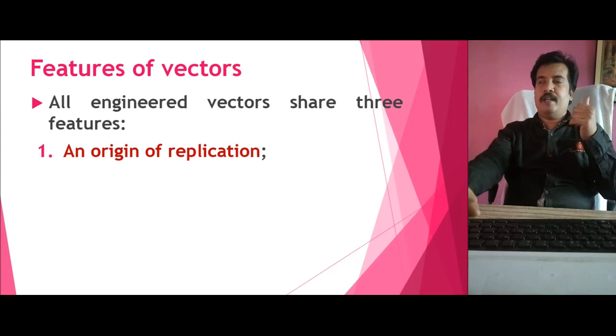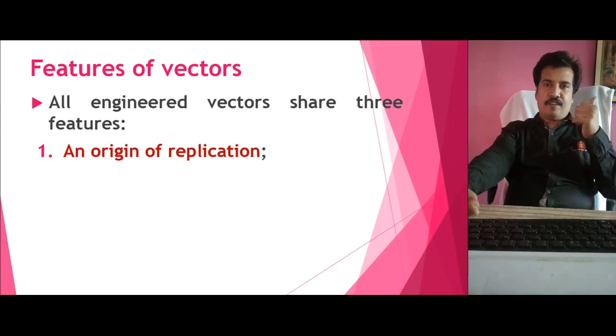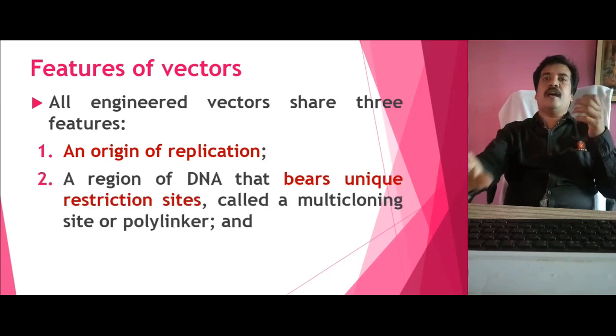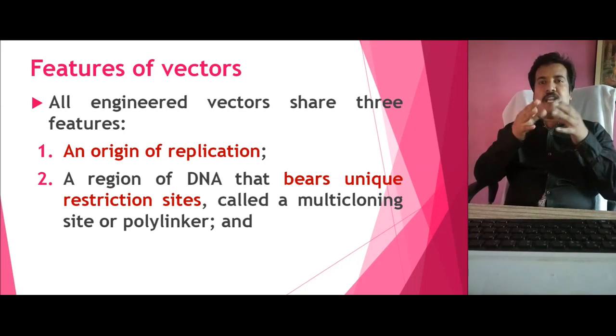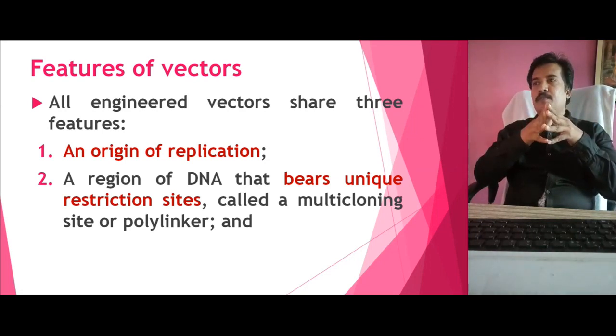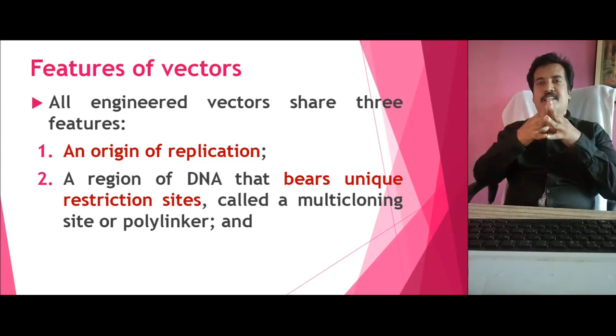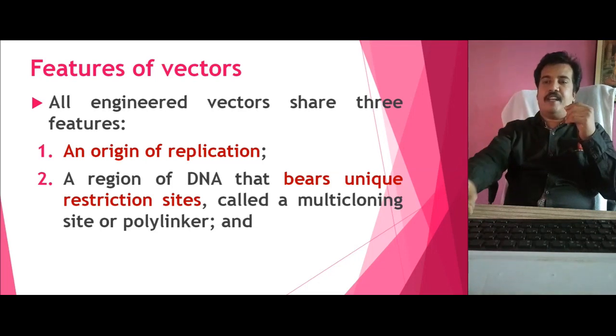One, it should carry an origin of replication, so that the vector can replicate on its own into multiple copies. Second, it should contain restriction sites, otherwise called multiple cloning sites or polylinkers, which allow the foreign DNA to get inserted and also help in identification.